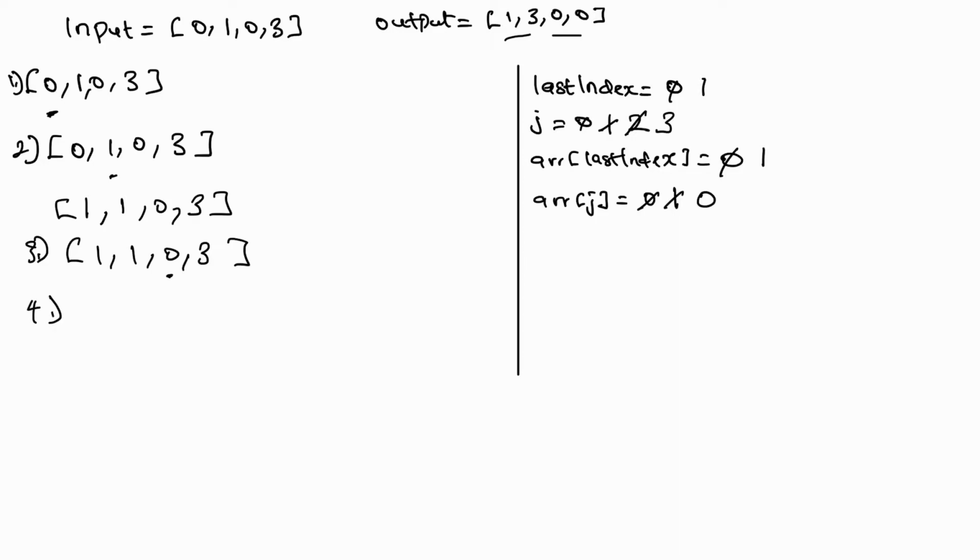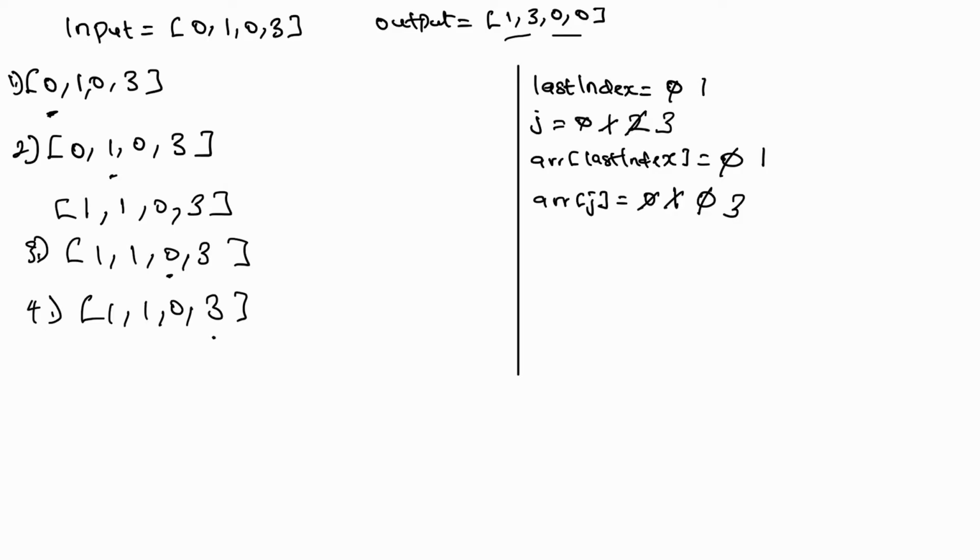Now we are at the fourth step. We have 1, 1, 0, 3. Now j is 3, so we are here. The array at j is now 3. We check if the array at j is not equal to 0. In this case, it is 3, so it is not equal to 0. So we assign the value of the array at last index to be the value of the array at j.